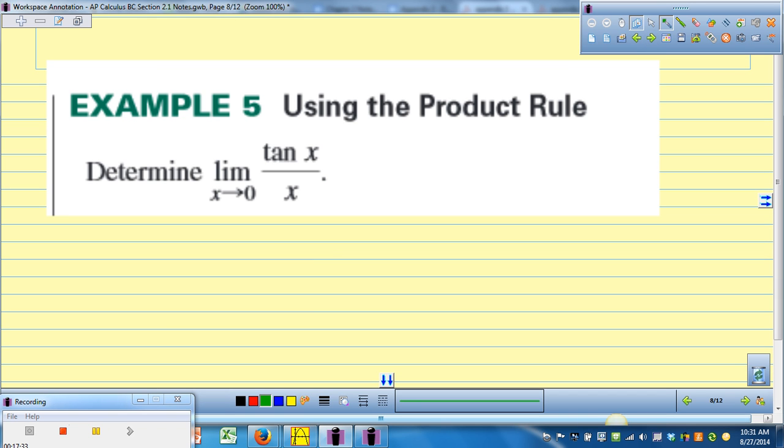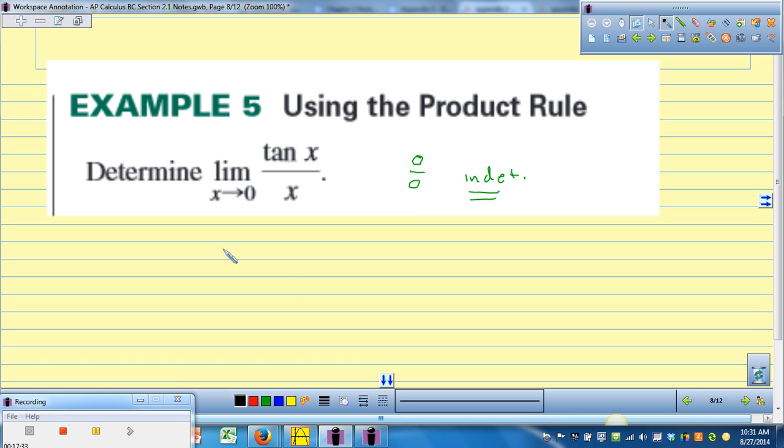So, this one is out of your book. Determine the limit as x approaches 0 of tan x over x. Well, when we plug in, what do we get? We get 0 over 0, indeterminate form, which means we need to change the look. How can I change the look?